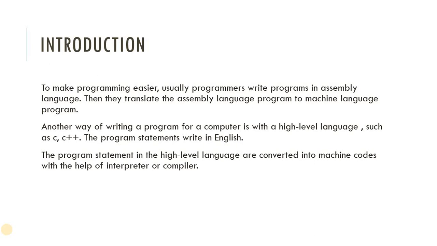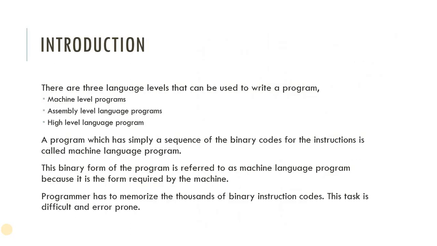The program statements in the high level language are converted into machine code with the help of an interpreter or a compiler, because the computer can't understand our high level language, so we need to convert high level language into the lower level language. So this is the basics of any computer: how we can write programs, how instructions are decoded, and what types of programming languages are available with which we can write programs.